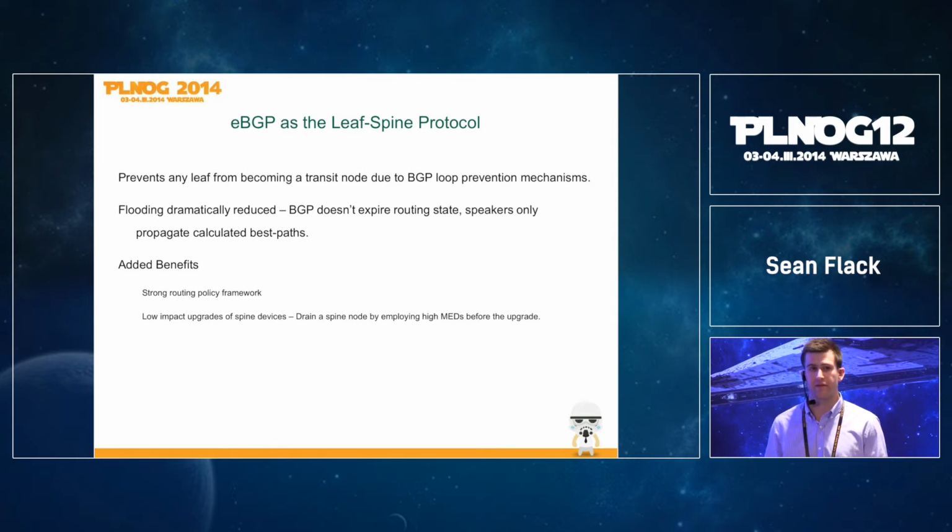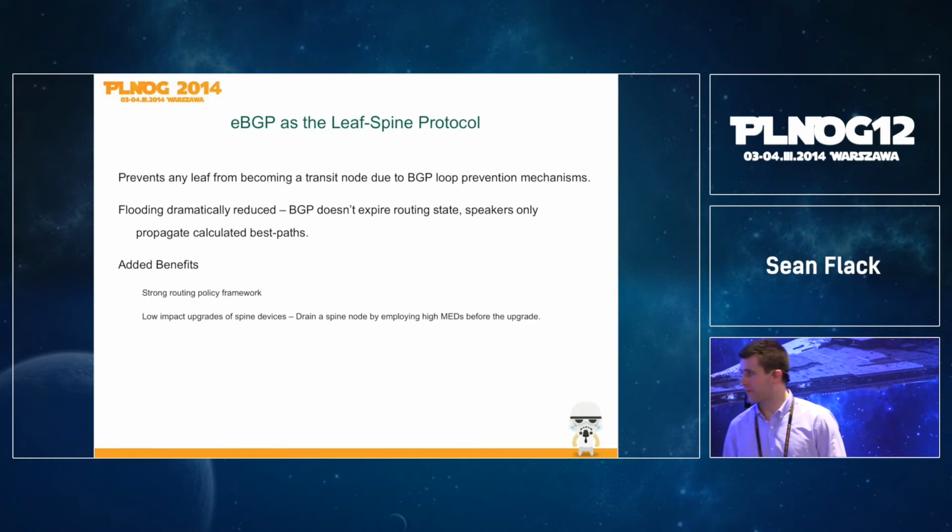There's no need for every switch in the network to learn about every link. If a link were to go down, only the BGP speaker that saw the change has to then propagate the paths that they've learned. And the added benefit here is that we get a strong routing policy framework, meaning that we have very granular control of the routing information within the network.